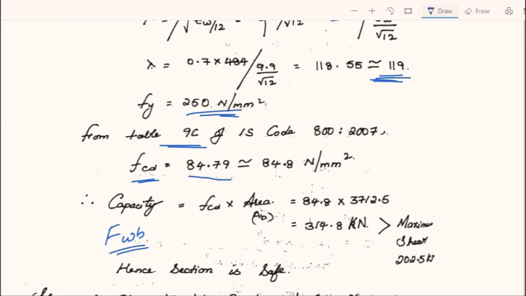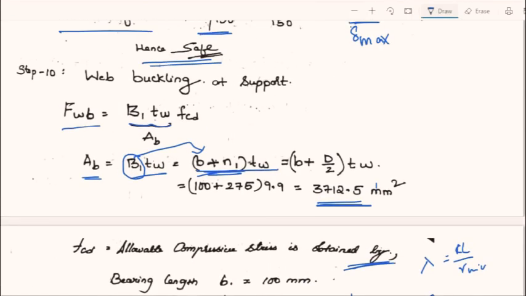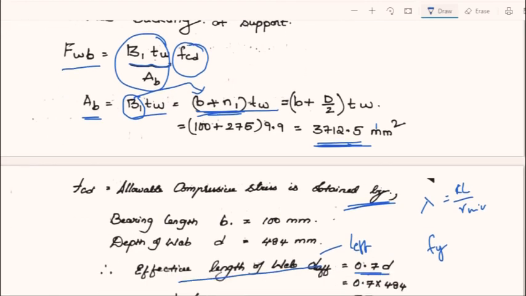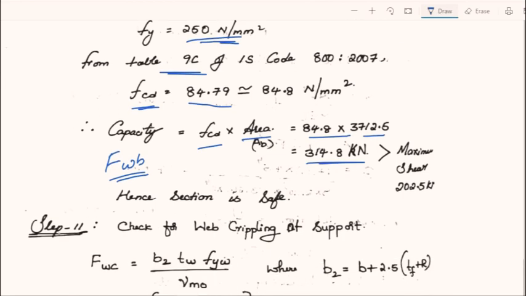So now what is FWB? Buckling strength. FCD into area as per our above calculation, right? So this is the area into FCD. So AB into, that is 3712.5 into FCD value 84 will give you the FWB value, and compare it with the maximum shear stress value because of the load.